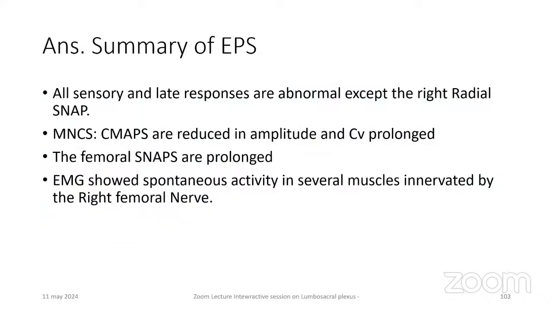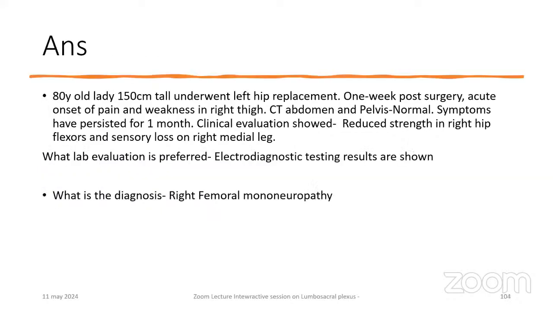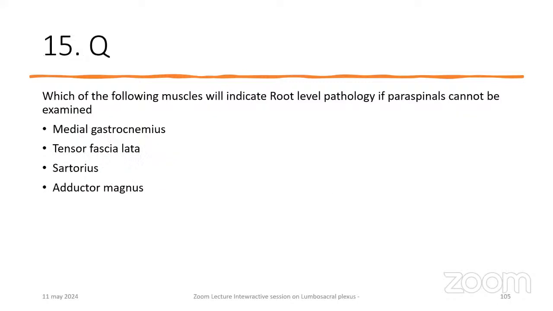So all sensory and late responses are abnormal except the right radial SNAP. The CMAPs are reduced in amplitude and CV prolonged. The femoral SNAPs are prolonged. Spontaneous activity in several muscles innervated by the right femoral nerve. So the diagnosis is right femoral mononeuropathy.